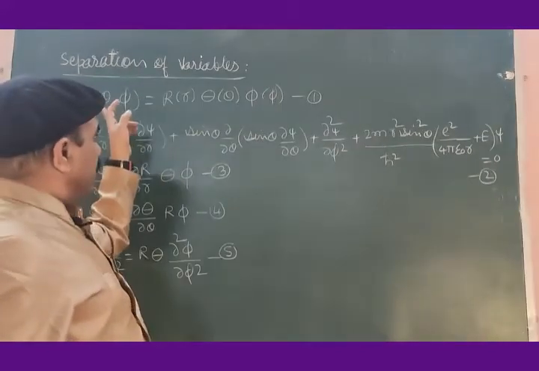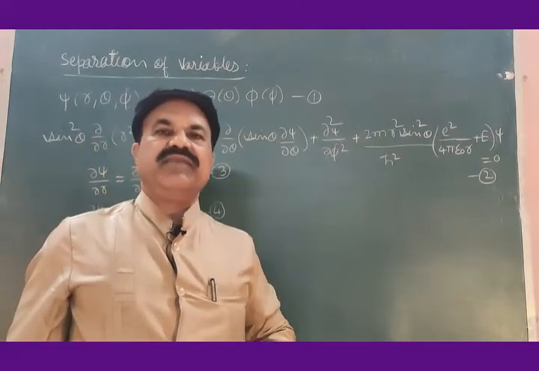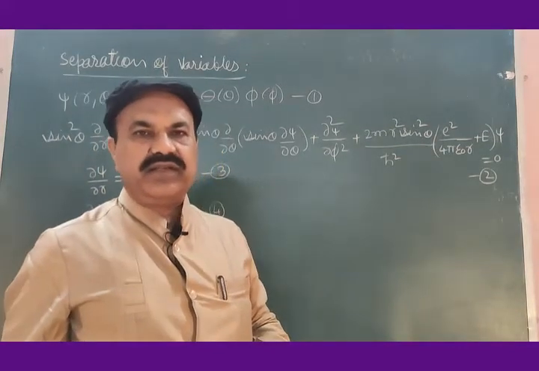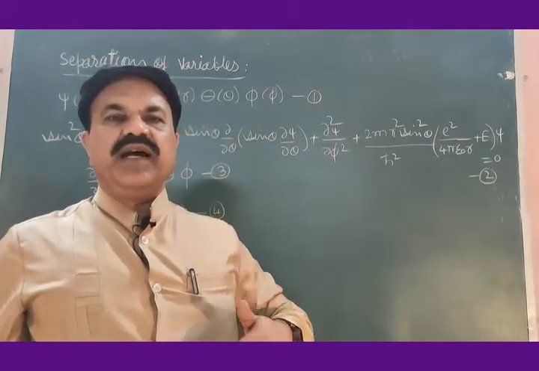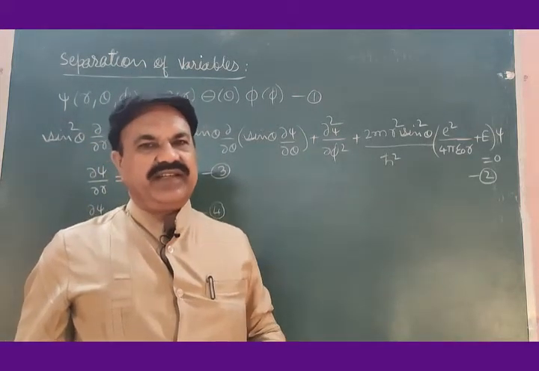When we have one equation in terms of R of r only, this will describe the behavior of the wave function psi about the radius vector, and it will be independent of theta and phi.